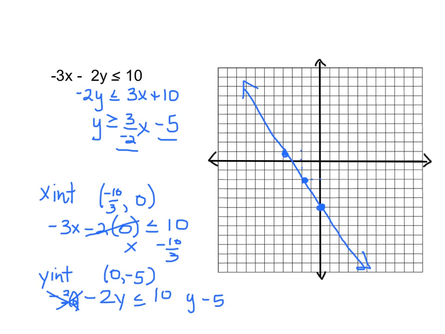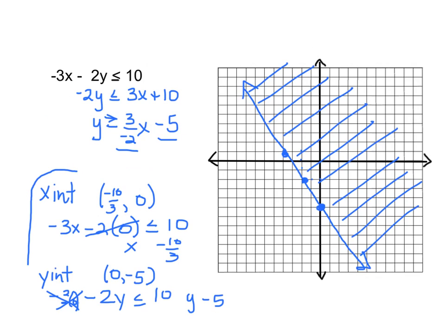Okay, now I want everything greater than or equal to. So again, this is my line. I want y to be greater than the line, not less than the line. So I'm going to shade, again on this side, with just lines. I'm not going to scribble. Now let's look at what we did down here.